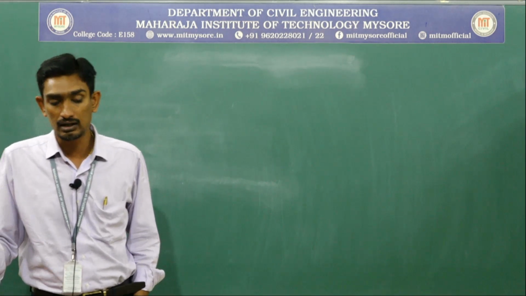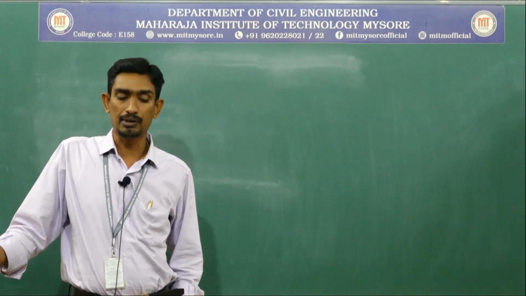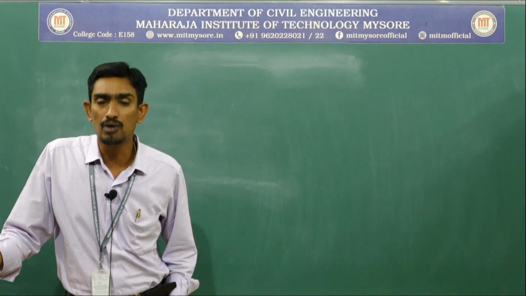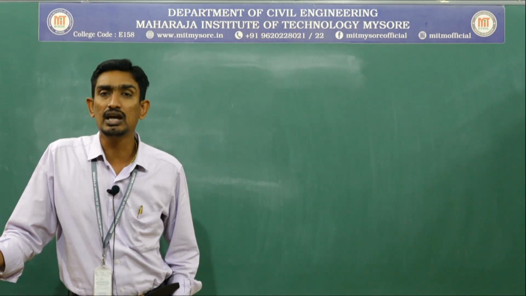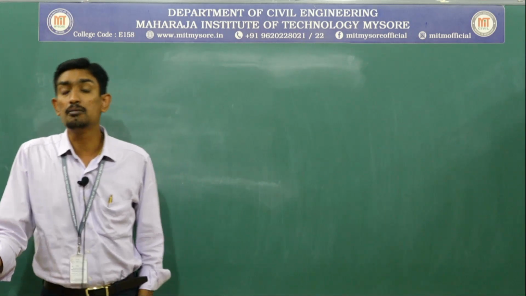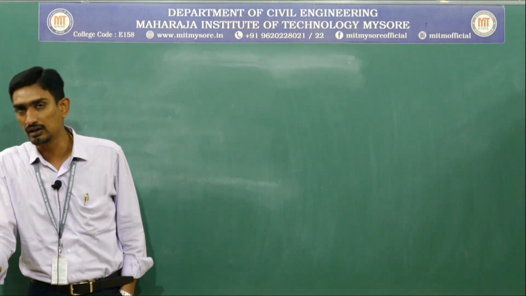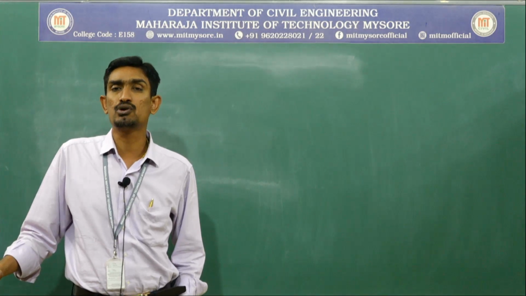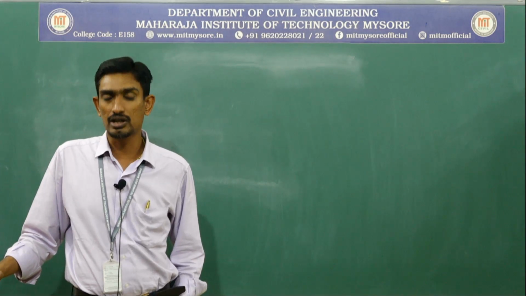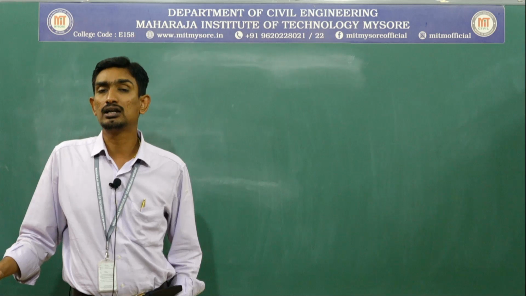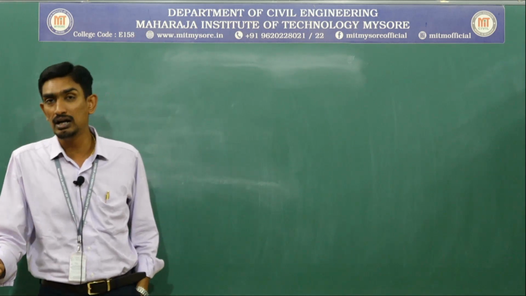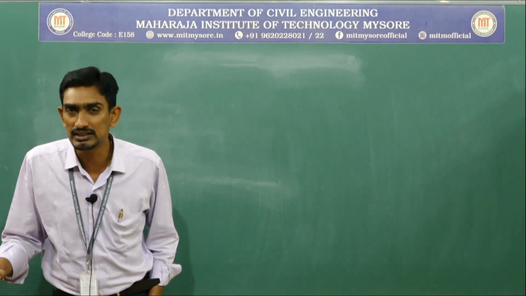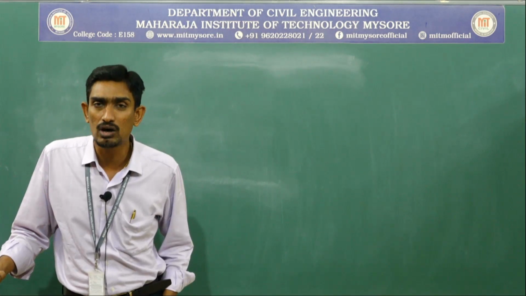Gypsum can regulate variables such as humidity and temperature. That's why we prefer gypsum board. By using it, we can reduce the temperature inside the building. For example, if the roof of your building is exposed to atmospheric conditions, we can reduce the temperature inside the building. We can feel cool inside the building by doing the false ceiling or by doing the interior work with gypsum board.